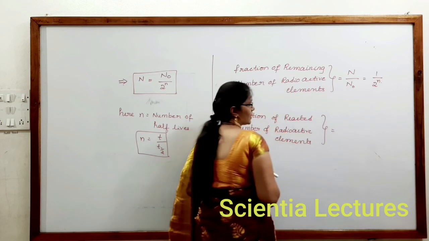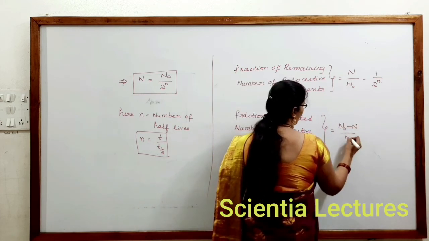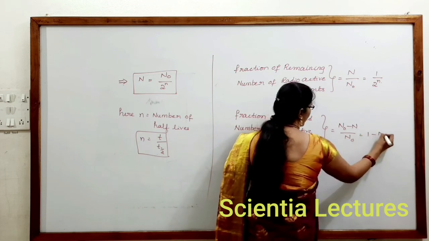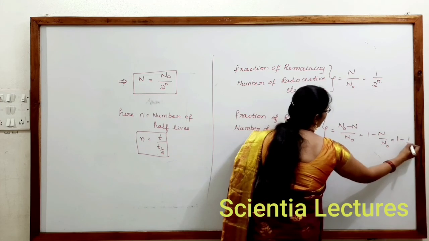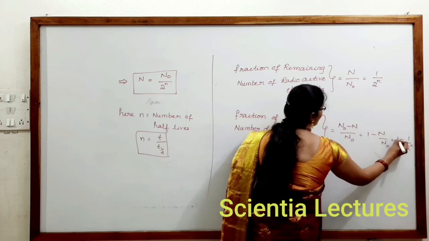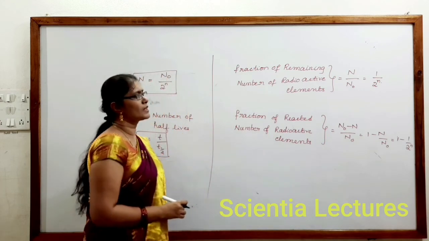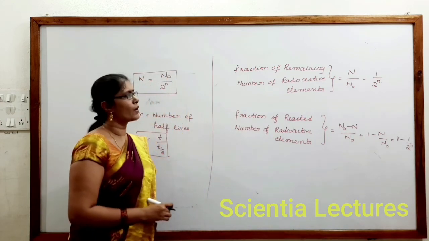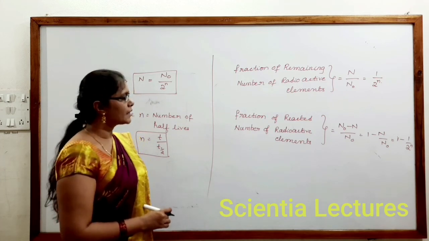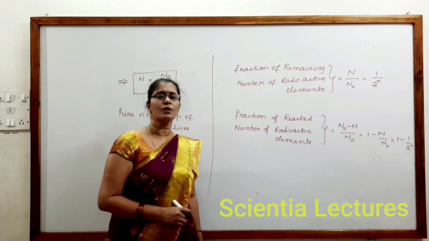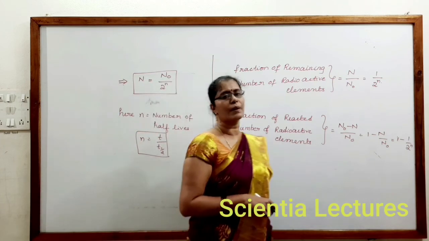This must be equal to N naught minus N by N naught, that is equal to 1 minus N by N naught, that is equal to 1 minus 1 by 2 power n. So remember these two cases. Fraction of remaining number of radioactive elements is equal to N by N naught, that is equal to 1 by 2 power n. Fraction of reacted number of radioactive elements is equal to 1 minus N by N naught, that must be equal to 1 minus 1 by 2 power n.